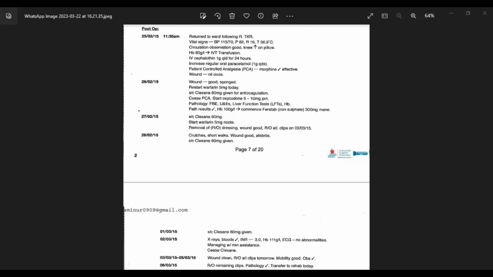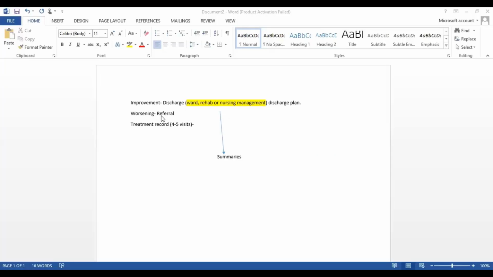I just have to understand that I need to summarize this part only, right? So just summarize this part.